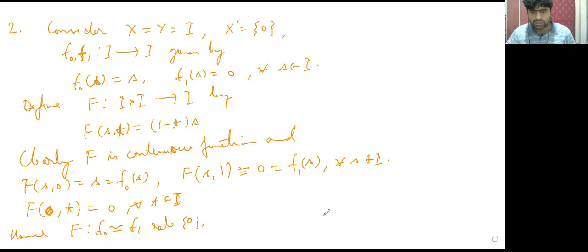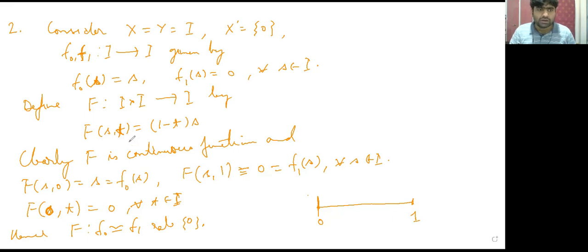So let us see what is happening here. If you consider this interval 0, 1, what does F naught do? It is the identity, right? So it sends x to x for every point x in this interval.